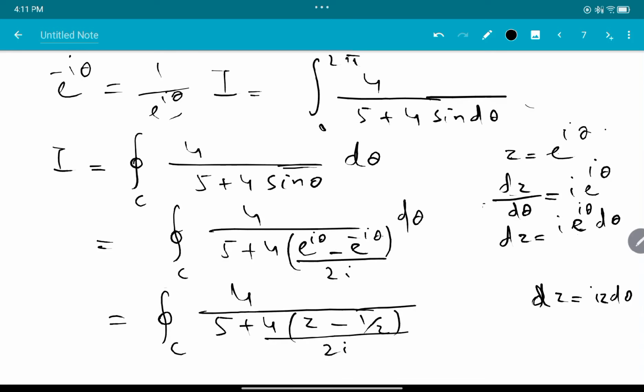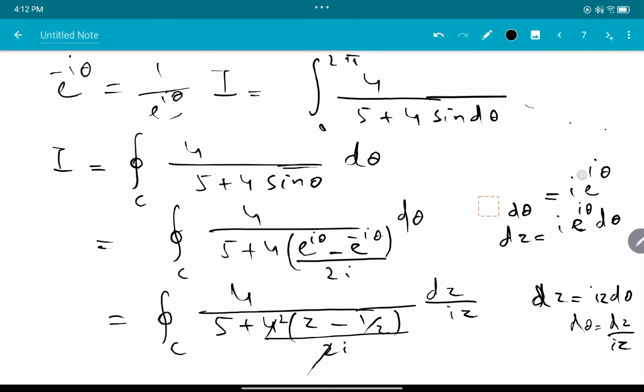D theta is equal to dz by iz, so I write here dz by iz. Now 2 ones are 2, 2 twos are 4.